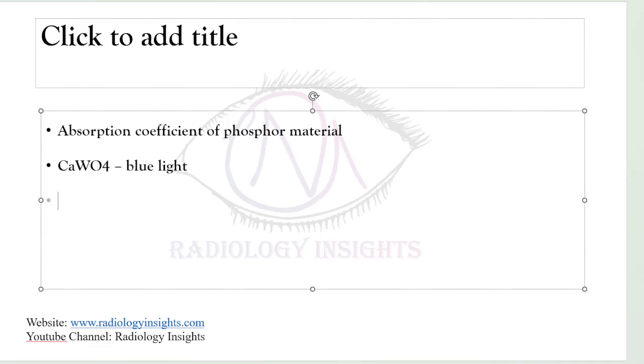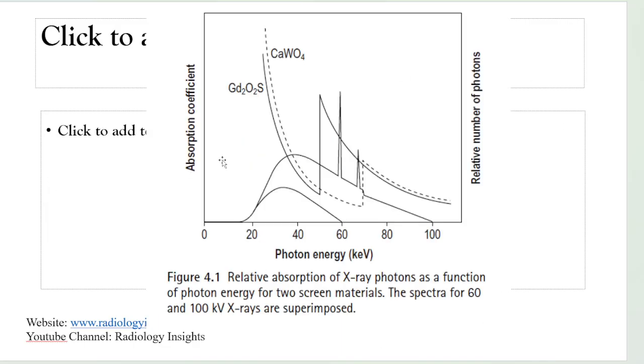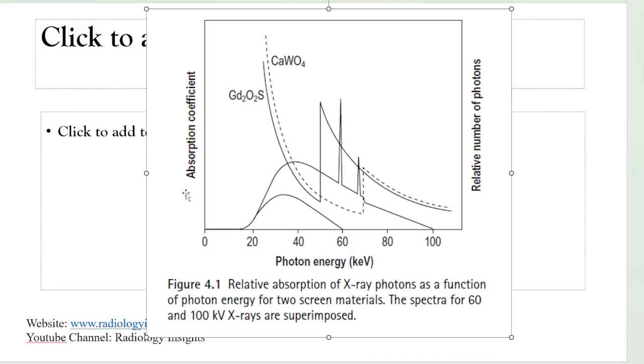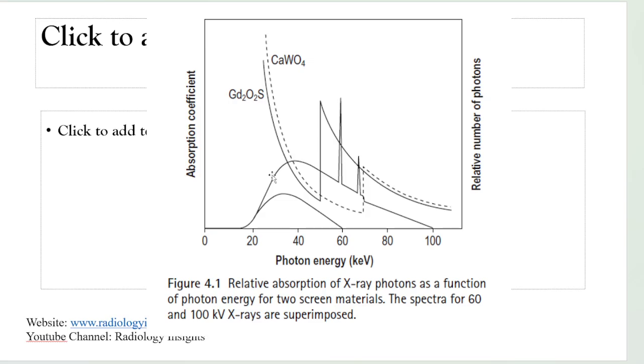The variation of mass energy absorption coefficient for calcium tungstate with photon energy is shown in this figure. On the x-axis we have the absorption coefficient, and on the y-axis photon energy is given. The coefficient is predominantly influenced by the tungsten. These small dotted lines are for tungsten, and this is for gadolinium oxysulfide.